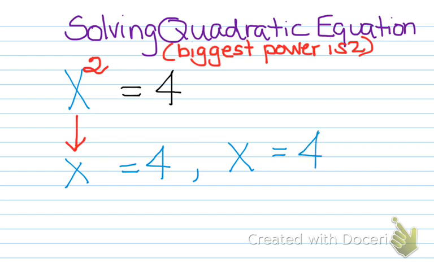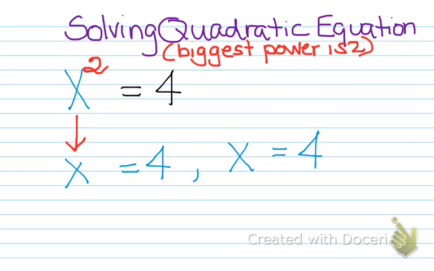This technique to solve a quadratic equation will only work if the quadratic is by itself and there is not an x added to the square. It will only work if the x squared, or the quadratic, is by itself.